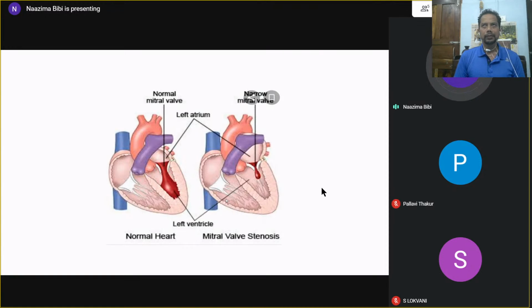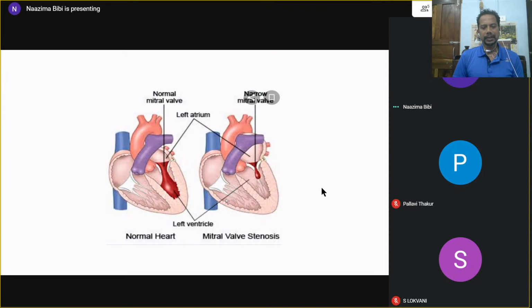Okay. Whenever the pulse is irregular, you have to actively look for rheumatic heart disease, and usually 99.9% of the time it is because of mitral stenosis. There is left atrial dilatation, and then the atrium becomes very irritable and starts fibrillating, and the pulse becomes irregular.